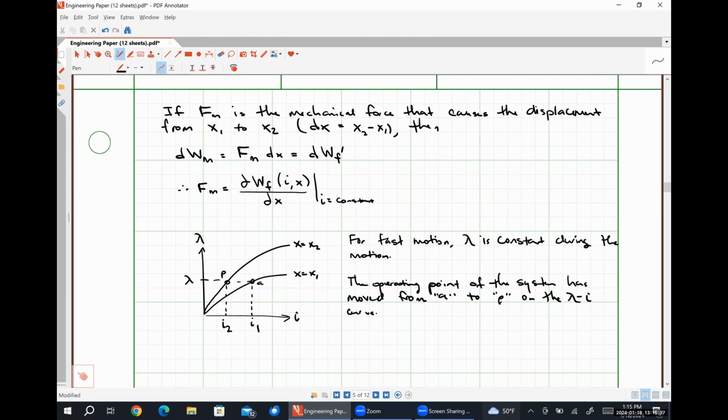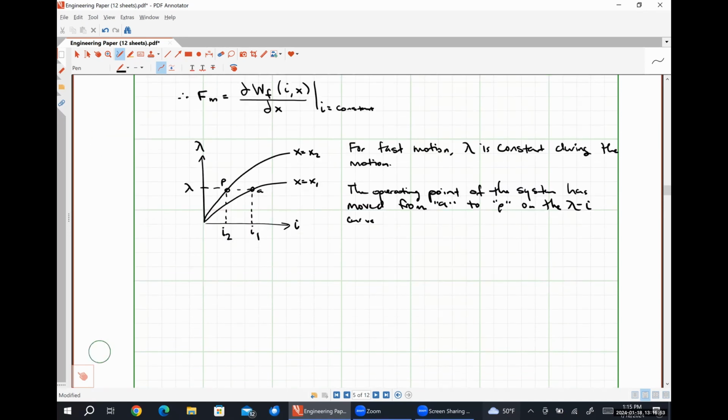Well, what's the consequence of our flux linkage remaining constant? If our flux linkage is constant, then the derivative of our flux linkage is zero, which means our electrical input energy didn't change, right?